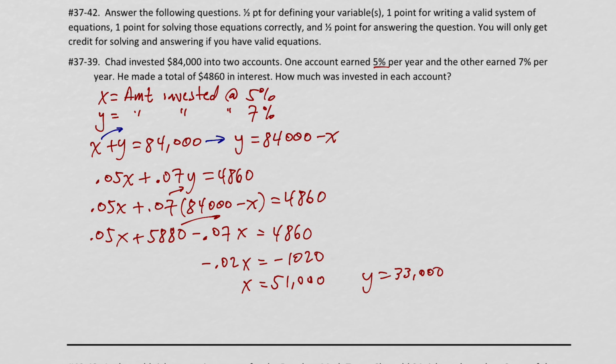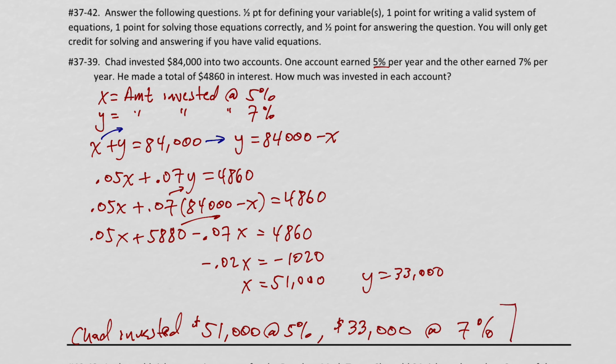So I'm going to write down the answer as: Chad invested 51,000 at 5% and 33,000 at 7%. That's it.